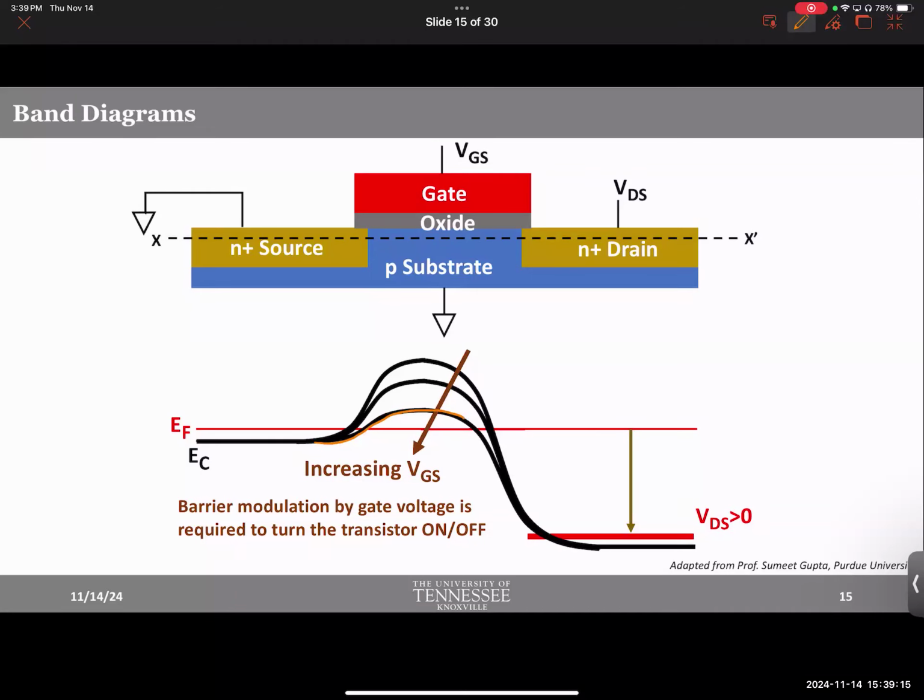But think of this case. You have lowered the barrier enough. Notice this is increasing VGS. By applying higher VGS, you lower the barrier further. So if the barrier is low enough, the electrons can go to the other side and you have a flow of electrons. This is another way to explain using a band diagram.